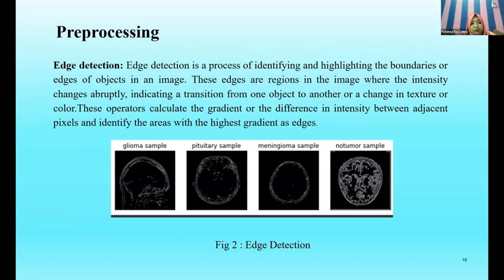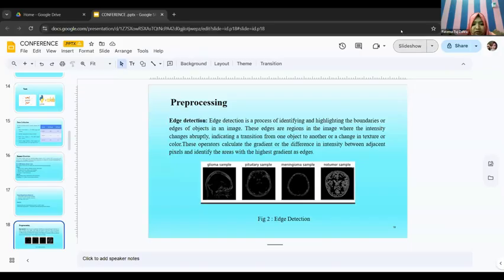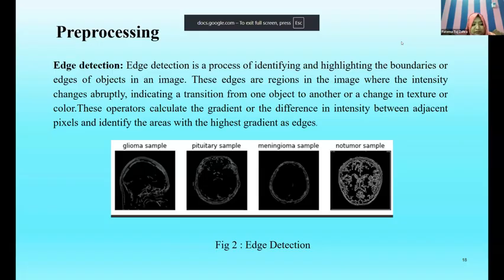Then starts pre-processing. So after data collection, we have to process the data. In the pre-processing stage, we have used edge detection. It was a major step to enhance the borders of the regions of the image and make it easier for the model to detect the patterns.